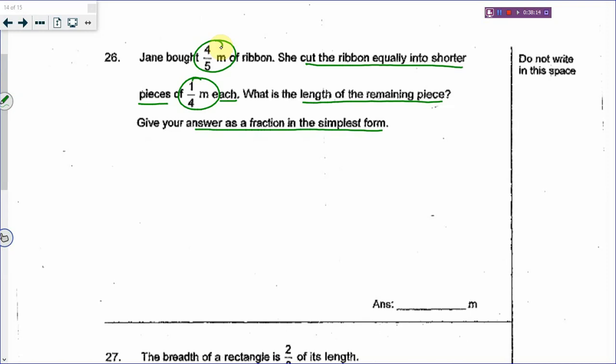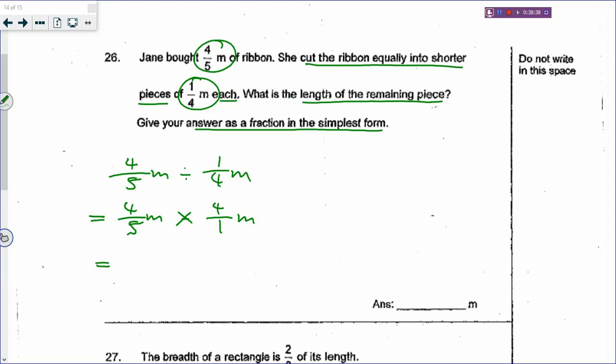Everybody will know that we need to take the length of ribbon, which is the whole length at first, and you're going to cut this ribbon into shorter pieces, and every piece is 1/4 meter. So you want to find how many pieces, you divide. Let's divide. Keep the first number, change the divide to times, and flip the fraction upside down.